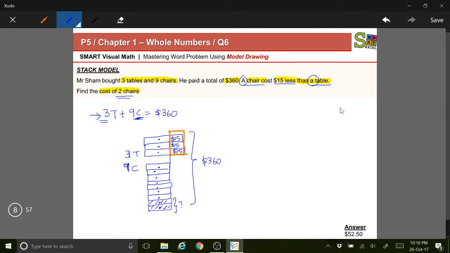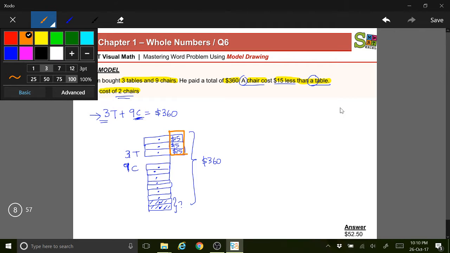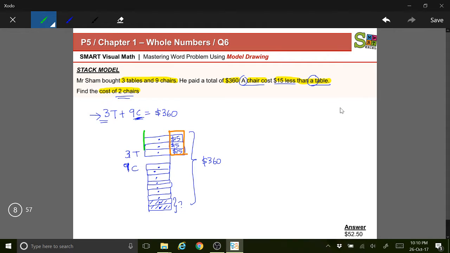If we take the 360 total and minus off these 15 parts, the 15, 15, 15, that will give us the portion that's left. This is the part in green that I highlighted here. So we need to find the green part.